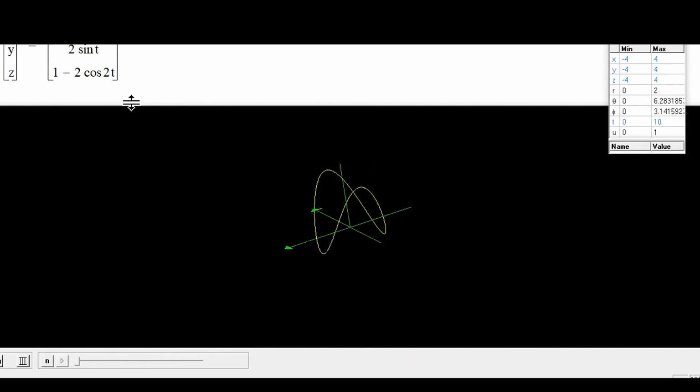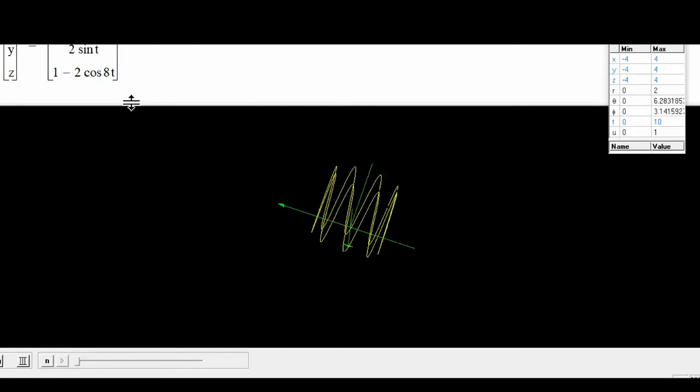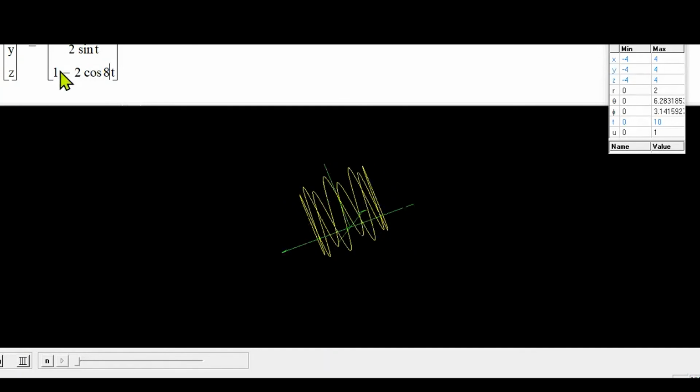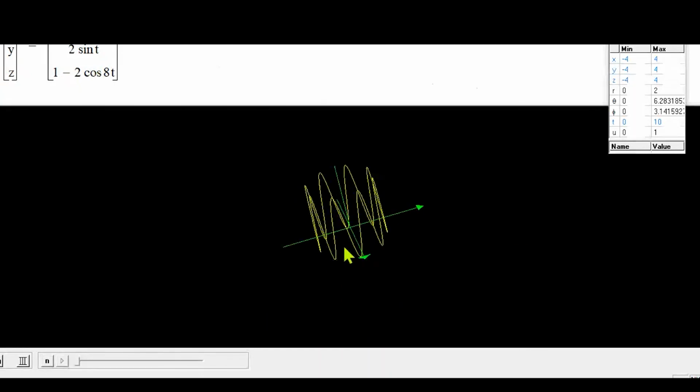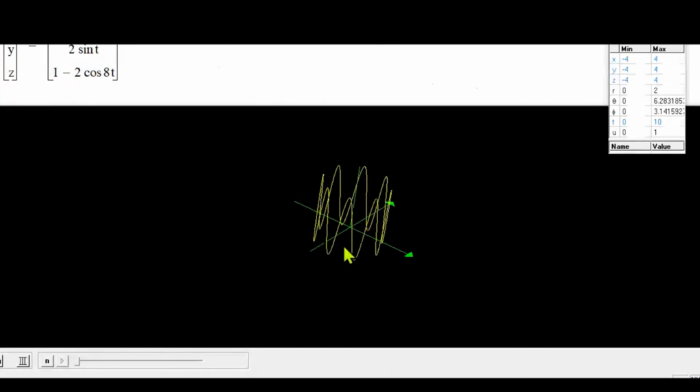Can you see why? I'm going to increase it to 4. Do you feel it? Or do I need to increase it to 8? Basically, it's a graph of this thingy wrapped around in a cylinder, isn't it? Feel it?